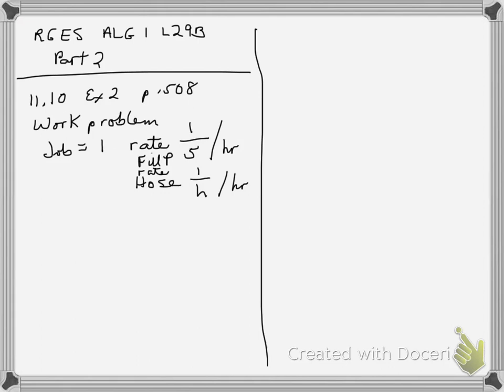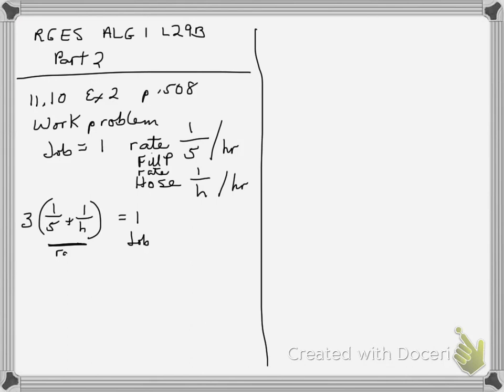See how that works? Now, altogether, 1/5 plus 1 over H is the whole job in how many hours? So this is the rate together times the number of hours, in this case 3, is going to equal the job.